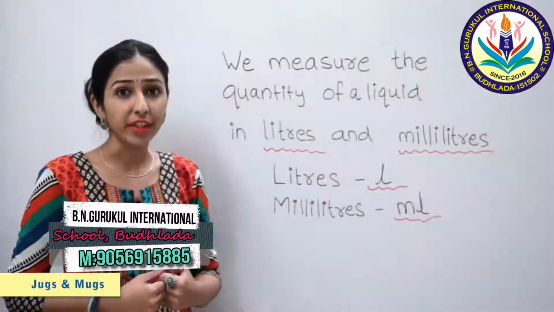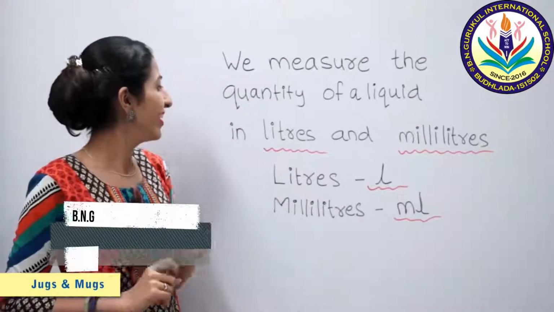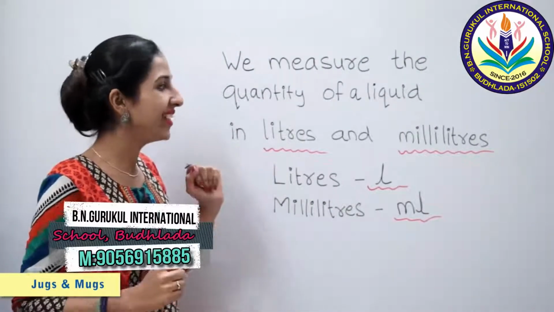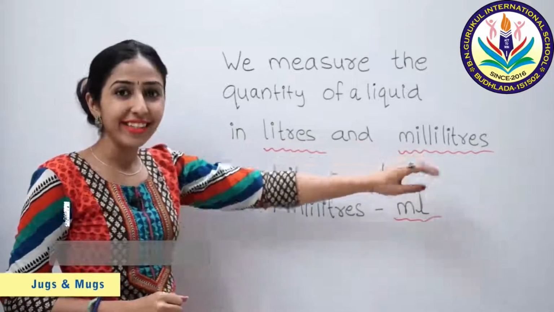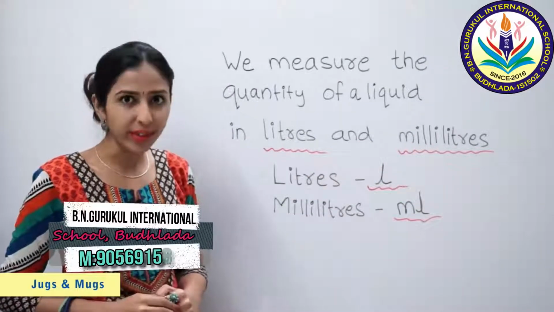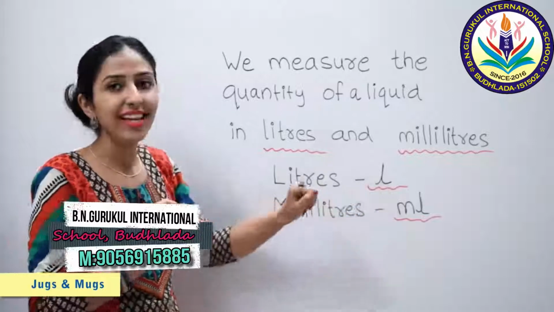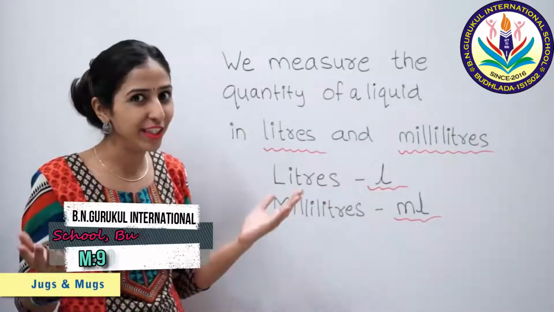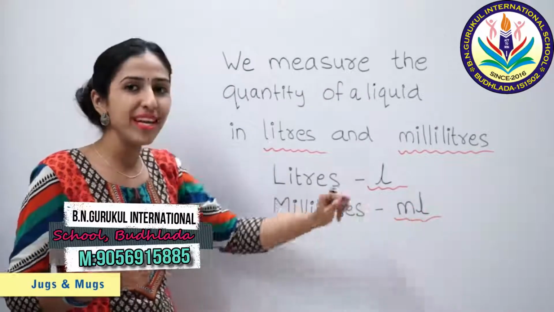We measure the quantity of a liquid in liters and milliliters. Liters are denoted by L and milliliters are denoted by ml.